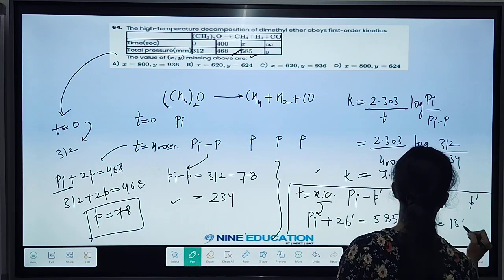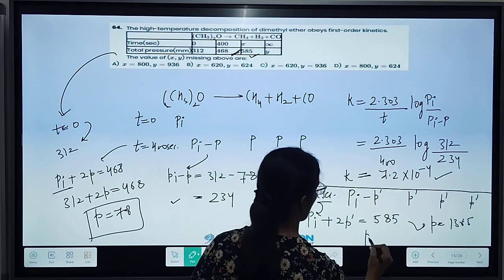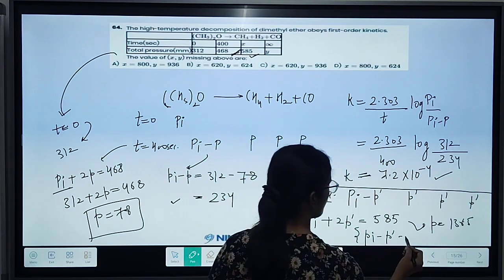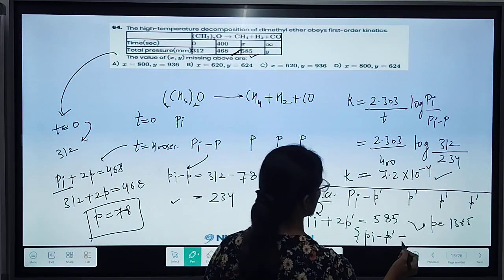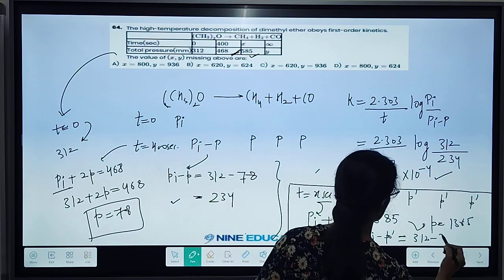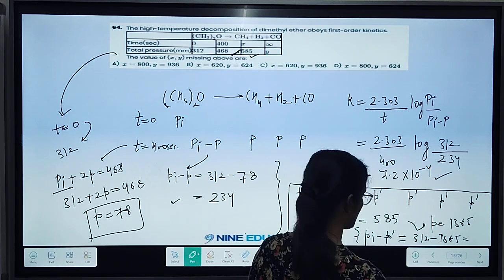I will get 136.5, and now I need to find Pi minus P dash, which means at t is equal to x seconds how much pressure will be there corresponding to ether. It will be 312 minus 136.5.